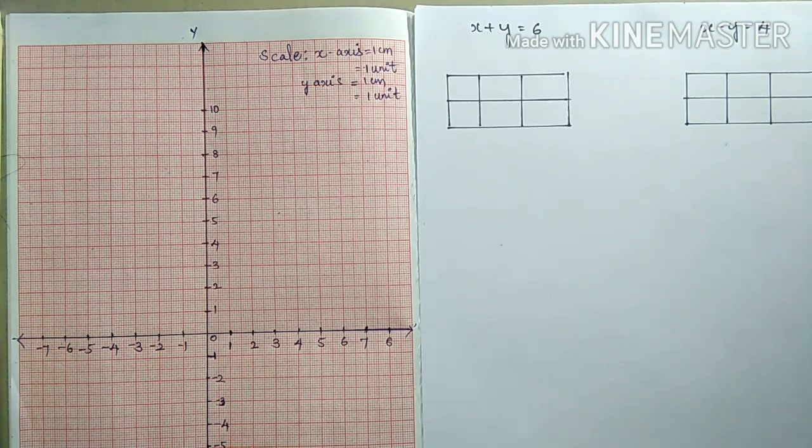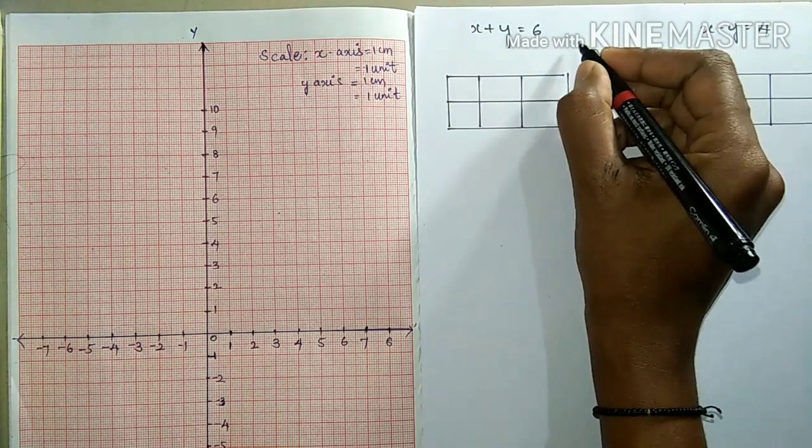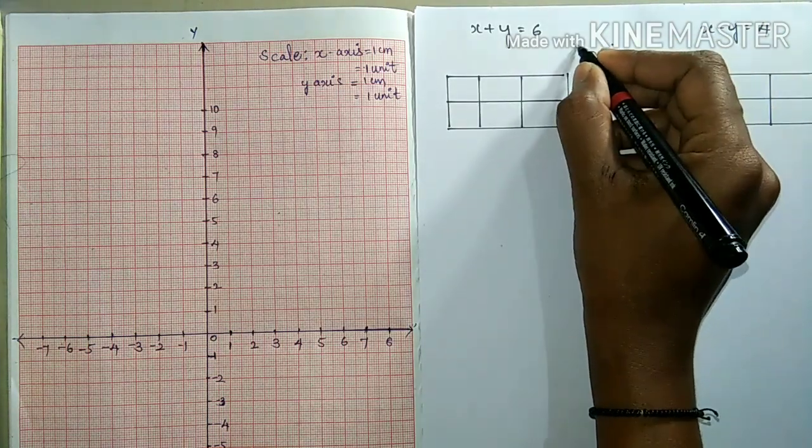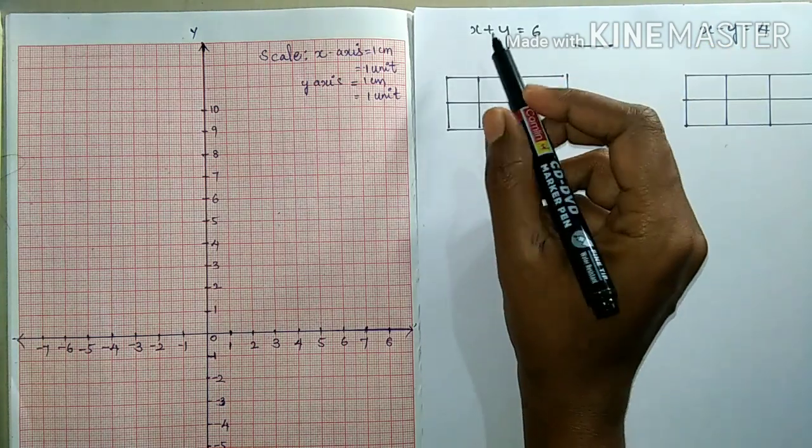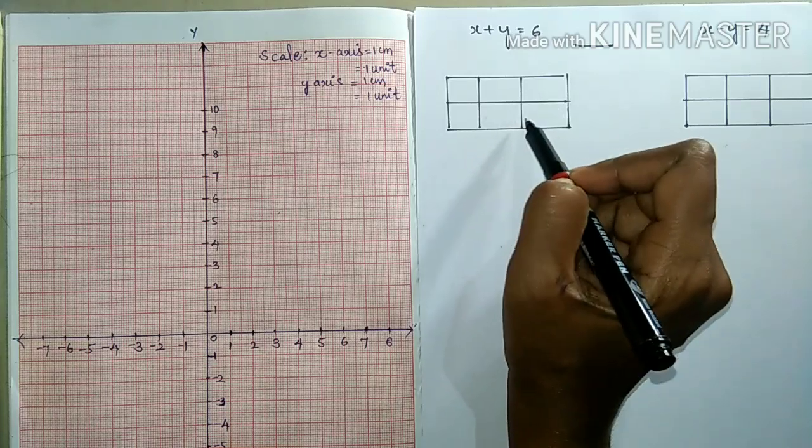I hope those who are finding it difficult to draw a graph will find this method very useful. To draw a line we require 2 points, so I will prepare a table for only 2 points.